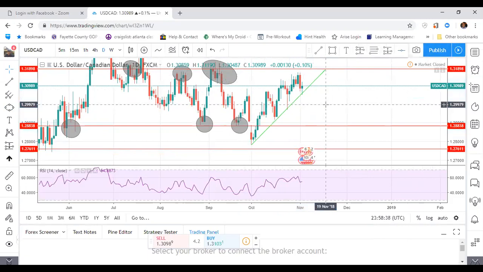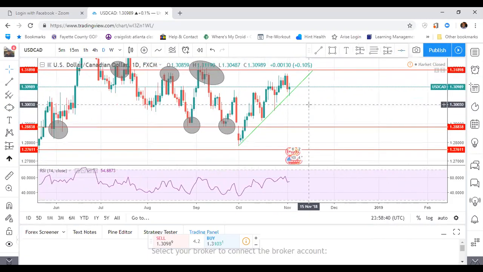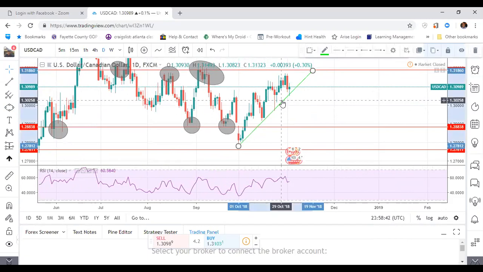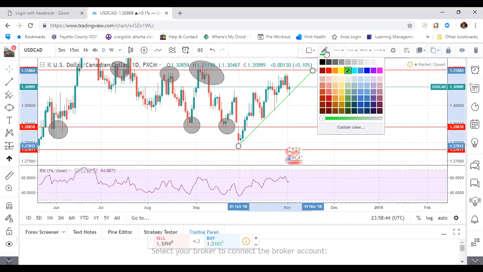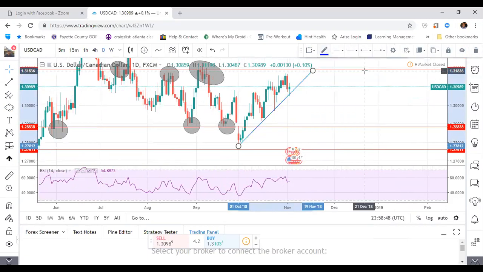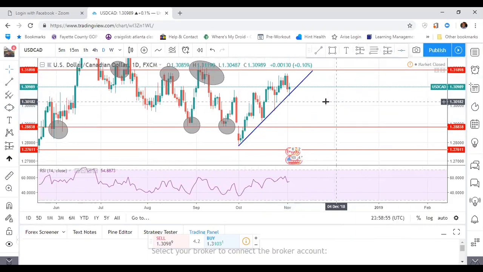Okay, so does everybody see the trend line here? Let's make it a little thicker. Let's maybe change the color. Let's do a blue. Let's make it a little thicker. Okay, everybody see that? Yeah, I see it.